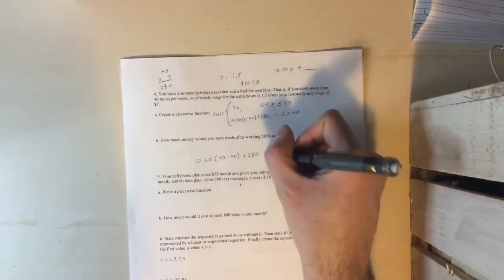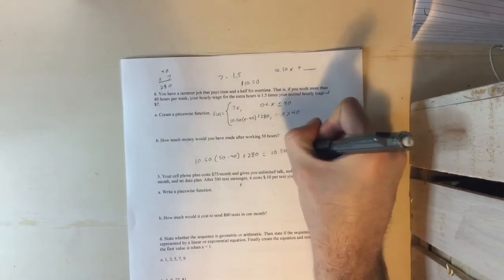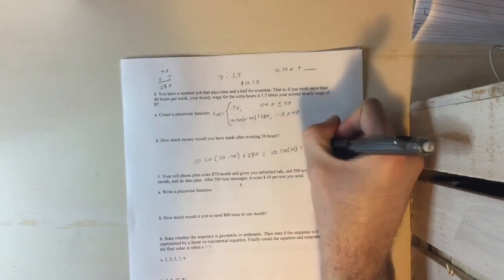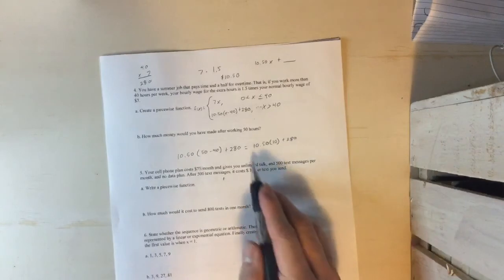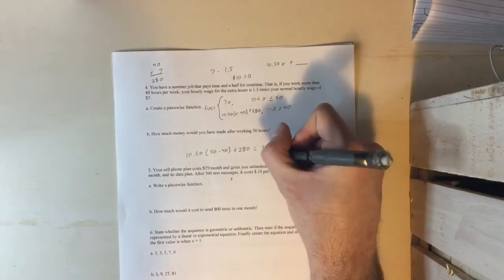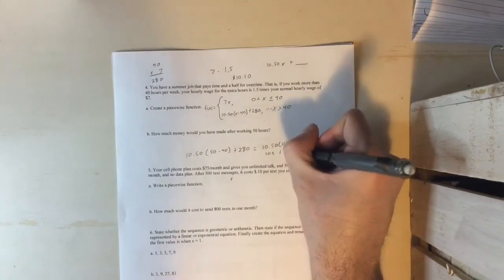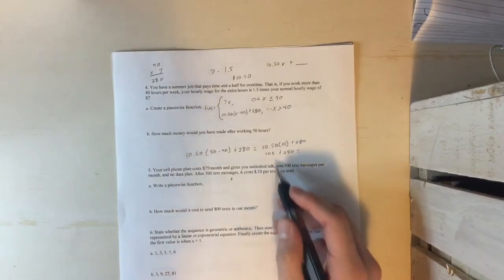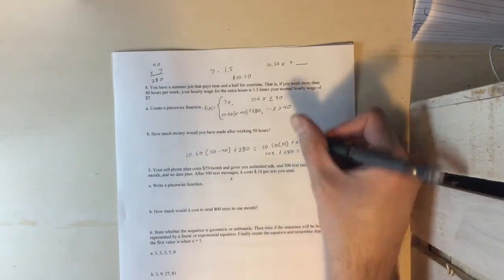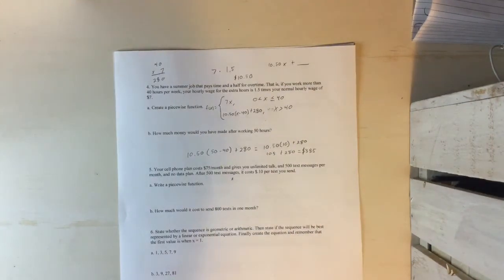So this is going to become, let's write this off to the side, 10.50 times 10 plus 280. So when we do 10.50 times 10, we just move the decimal one place over, so $105 plus 280. So that's going to end up equaling $385. So that's how much we get paid if we work 50 hours in a week.